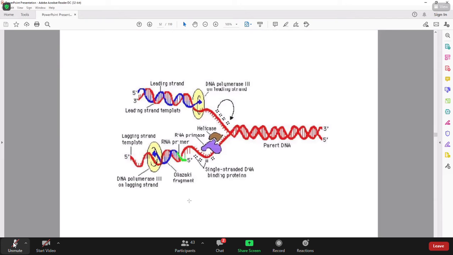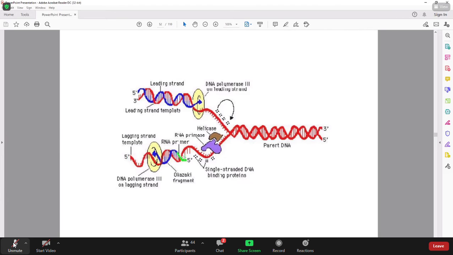In general, this is what happens during the replication process. You have the parent DNA, which is unwound and separated by helicase. The single-strand DNA binding protein attaches to the DNA strand to make sure it stays separated. Then RNA primase attaches to the DNA strand and synthesizes a new primer.